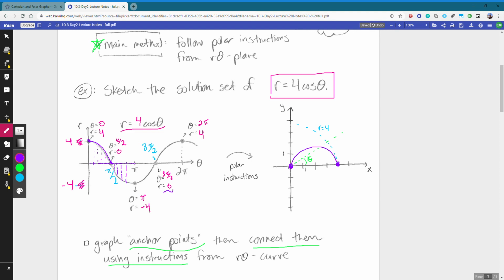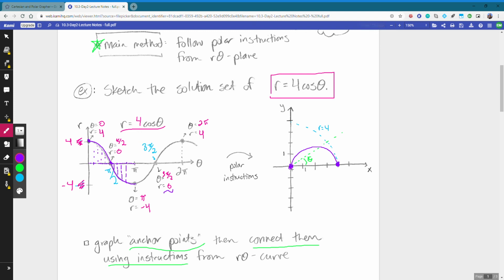R is steadily decreasing down to -4 at the angle of pi. And so as our angle moves from pi/2 up to pi, our r is getting more and more negative. So we're actually coming out the opposite direction more and more until at pi we're actually at -4.